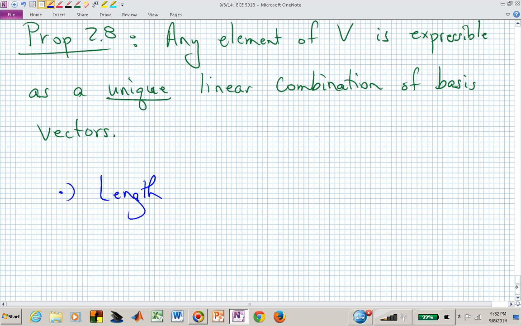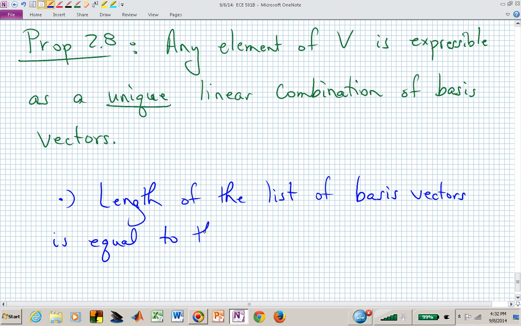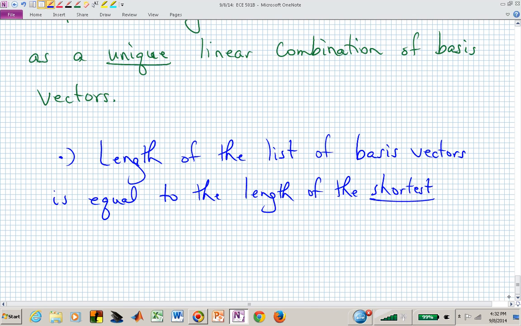Another consequence of this basis is that the length of the list of basis vectors is equal to the length of the shortest spanning list.